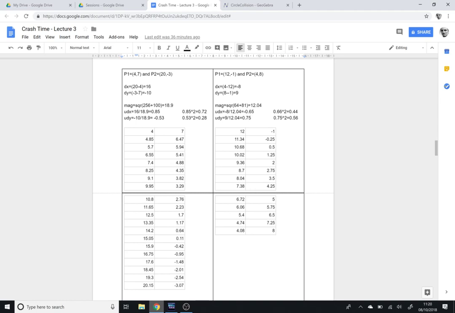Then I've checked my unit vector. Then I've put it in a spreadsheet. Then I've plotted it out on paper. Then I've done it again. It works. I also wrote the code to do it as well.